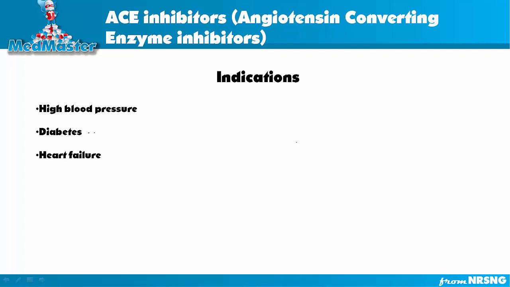And they are also used in heart failure as well. Now in the next slide, we'll go over the mechanism of action, and we'll see why we use this medication for these disease processes.